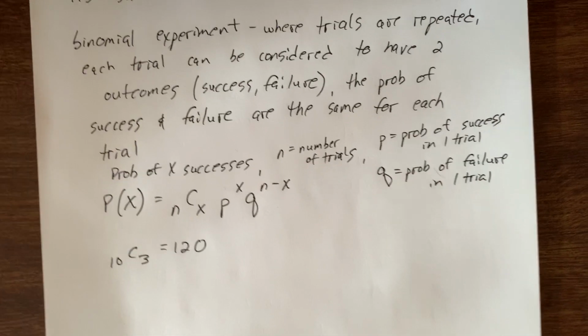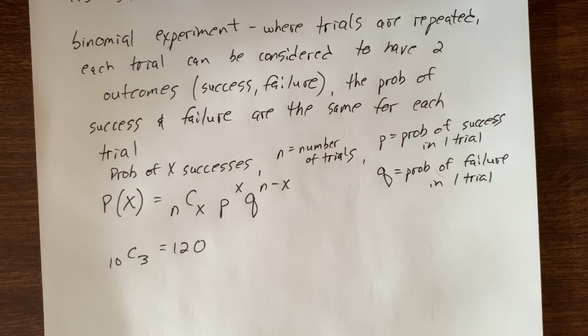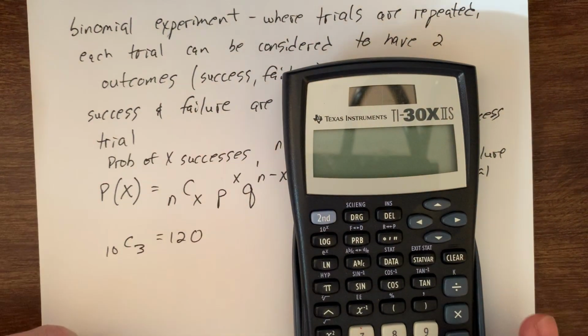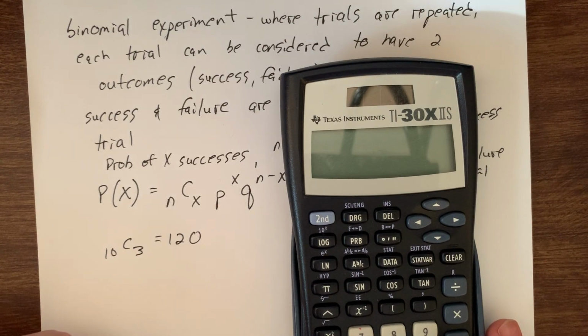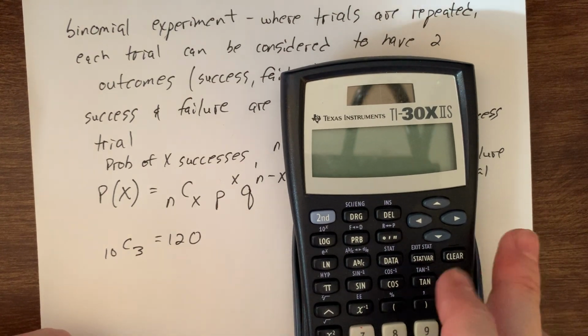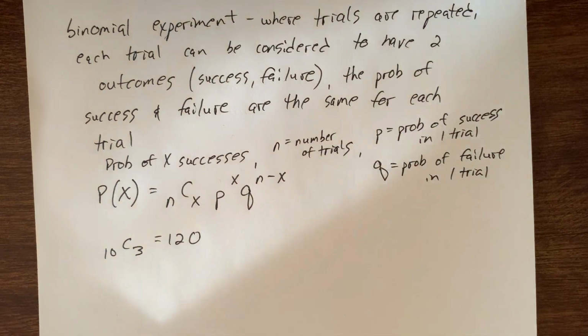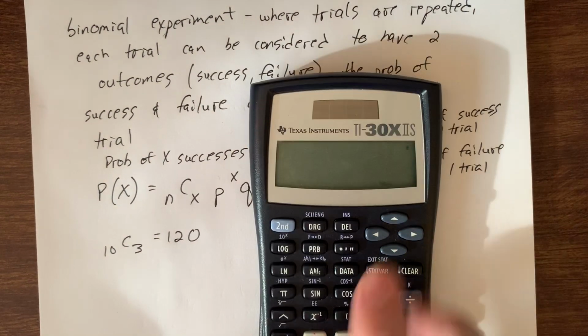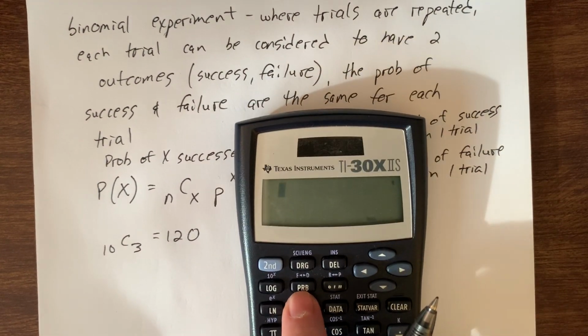A lot of you have a calculator more like this one. And if this is your calculator, you've got that button. I'm sorry, here it is right here. I've got the PRB.